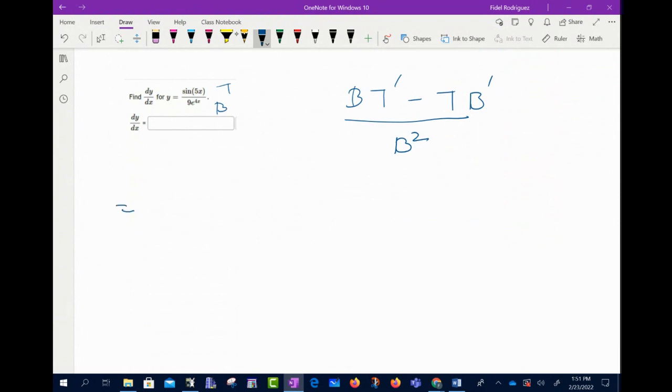Okay, so we're going to go super slow here. Let's see. The bottom function is 9e to the 4x times the derivative of the top. So what's the derivative of sine 5x? Cosine 5x, one more piece. Not times sine, but times one more piece, the derivative of the angle, 5.